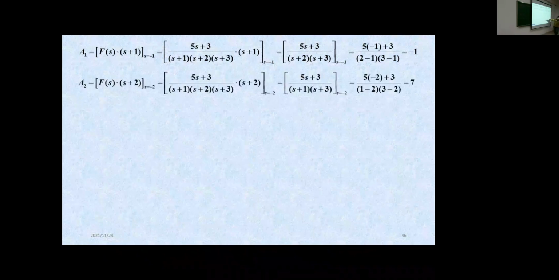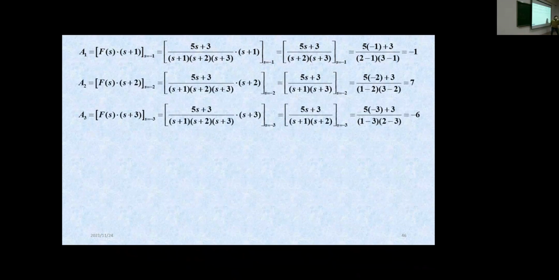Here pk is -2, and what we should substitute is s equals -2. Same for A3. So after we obtain the values of A1, A2, A3, we substitute those coefficients into the equation.